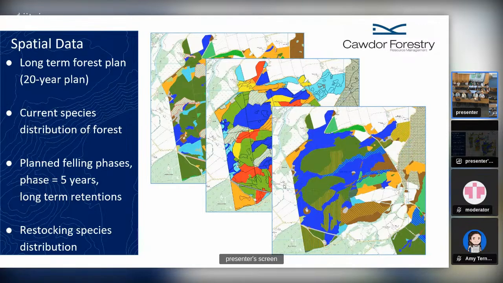I should say this is commercial timber we're looking at here. So you have to restock with trees after you've felled it. And then if you look at the current species and the restock species, that would give you an overview of how the forest is going to change and evolve over the course of the forest plan. So those were the 3 data sets I wanted to look at.